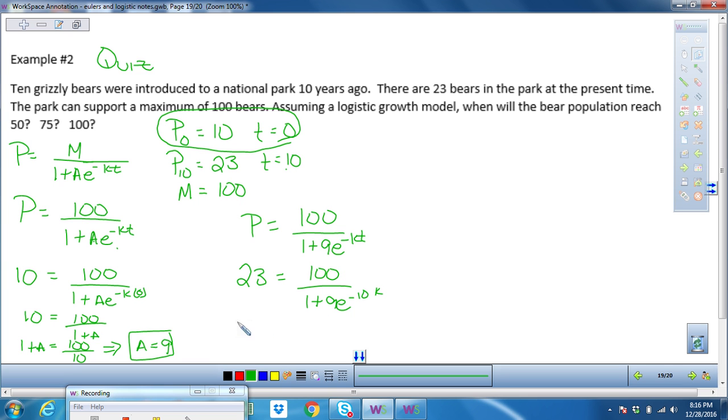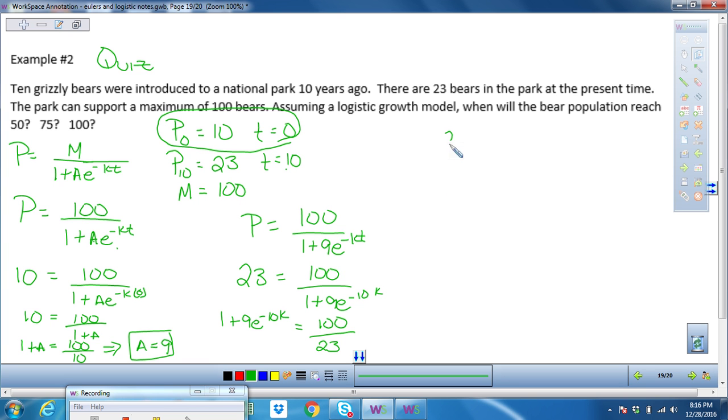I'm just going to do it quickly. You should be able to do this. So this is 1 plus 9 e to the negative 10k. I'm cross multiplying. Is equal to 100 over 23. I subtract 1 from both sides.